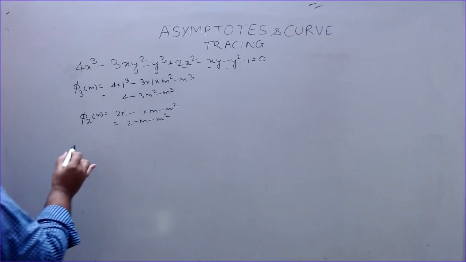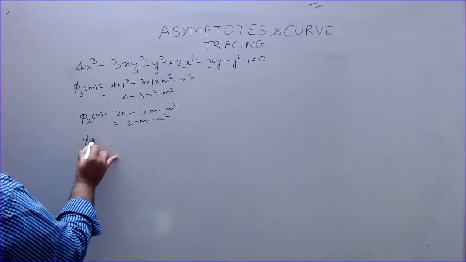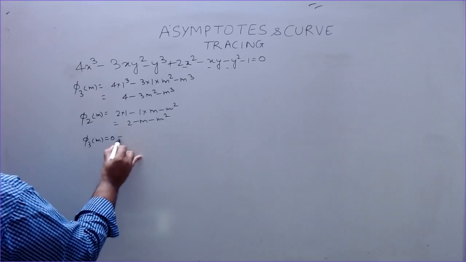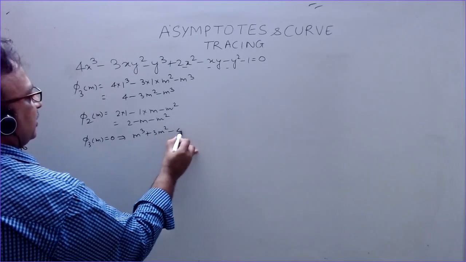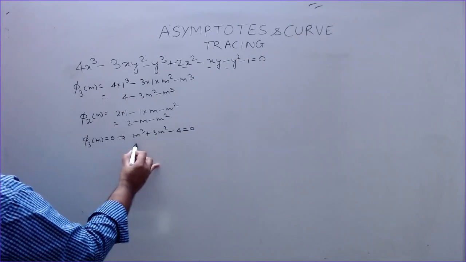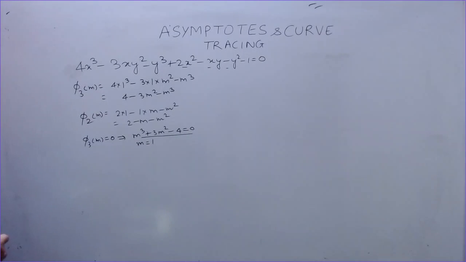And if you put phi 3 m equal to 0, this gives m cube plus 3m square minus 4 is 0. If you put m equal to 1 here, then this is true. That means m equal to 1 is a solution of this equation.